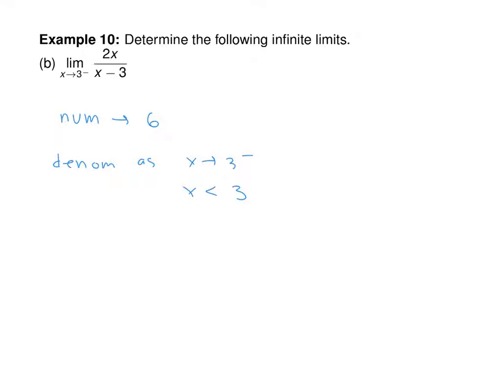And if you do 2 point something minus 3, you're going to get a negative answer. In other words, x minus 3 is less than 0. So x minus 3 goes to 0, but it's a little bitty negative number. So if you do 6 divided by a little bitty negative number, what's that going to make? A large negative number, in other words, negative infinity.